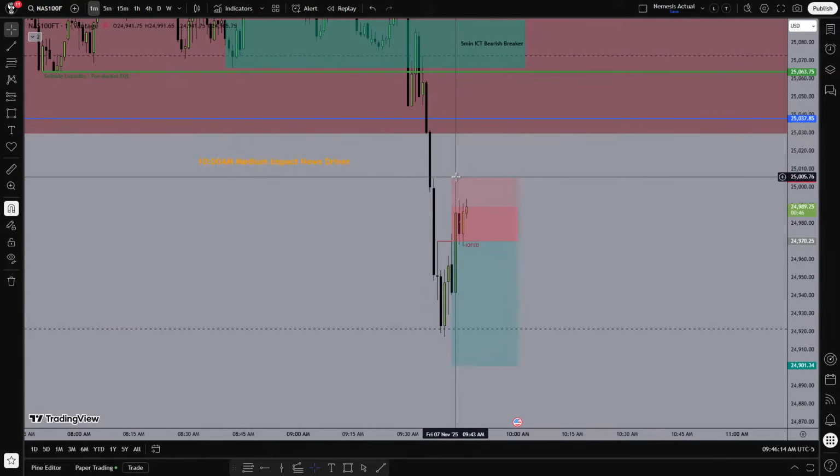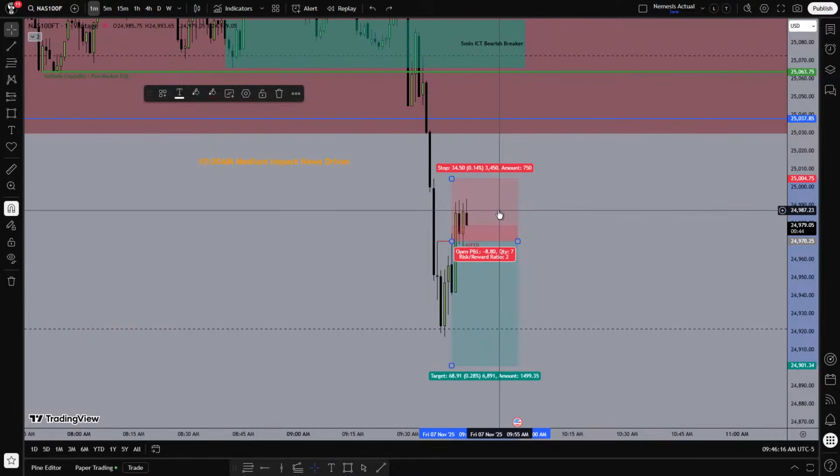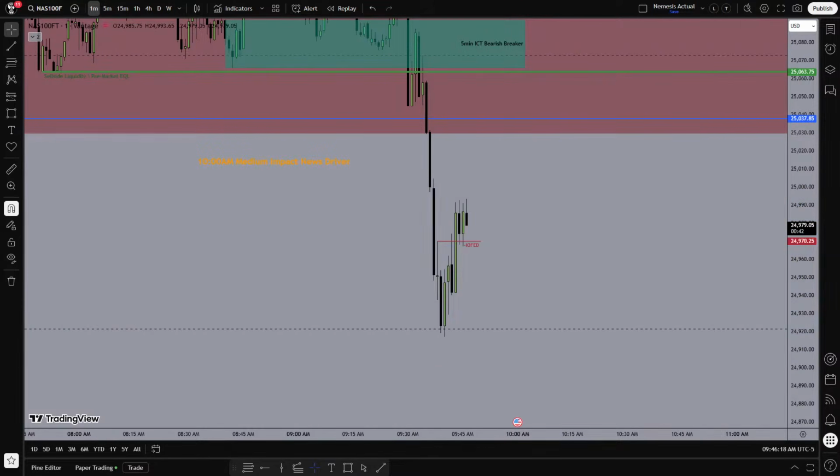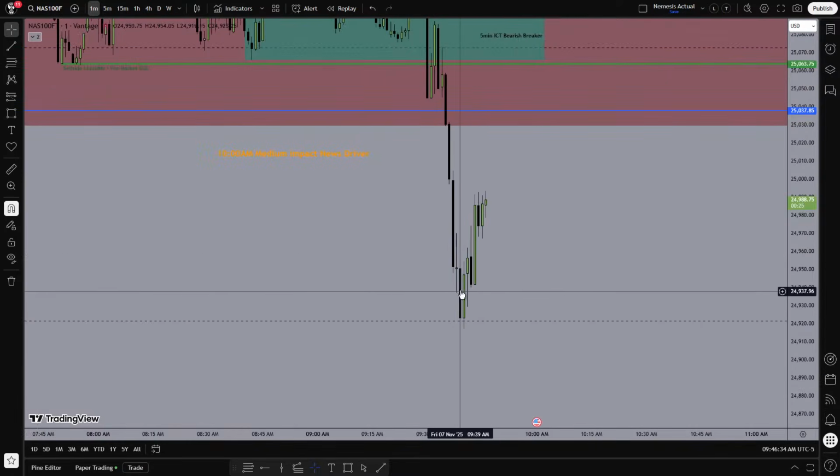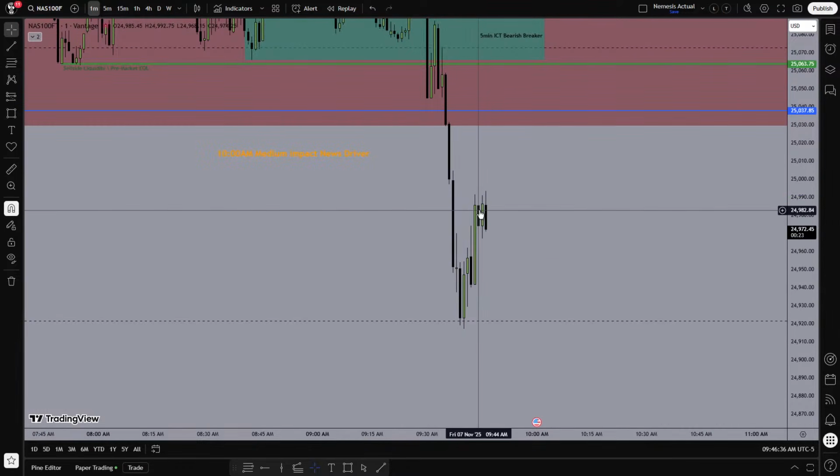So you're ending up with a little bit smaller loss. ES on the other hand purchased that sell side, and Nasdaq just hit it and rejected it.